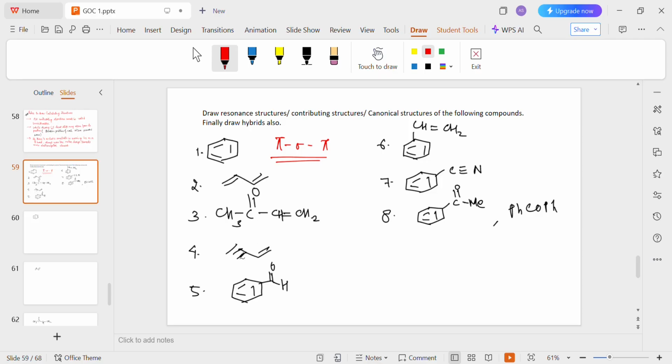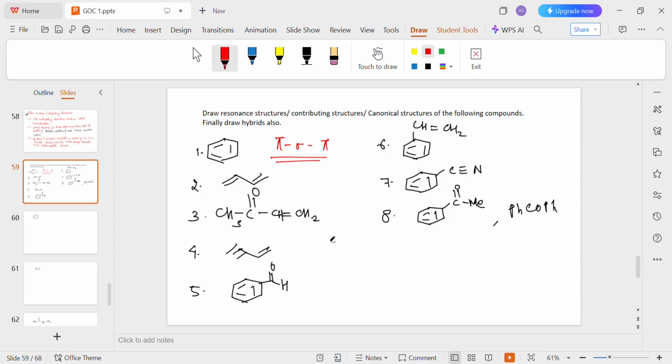So this is also pi sigma pi type, and all the other structures also belong to pi sigma pi type delocalization. This is the first case that we discussed in the previous video, which was only the introduction to resonance. Today we will see how we deal with resonating structures.